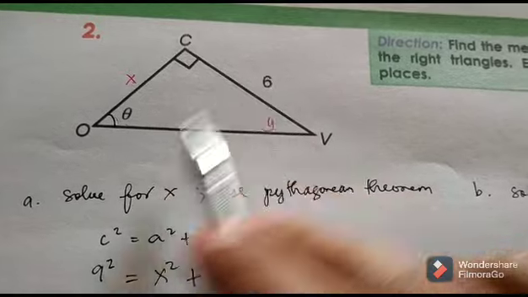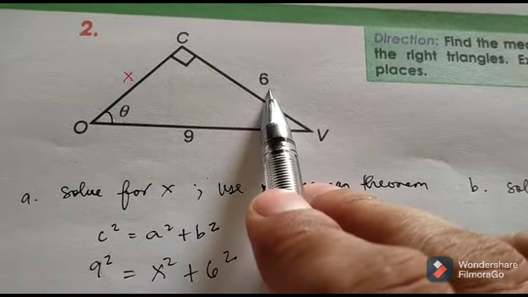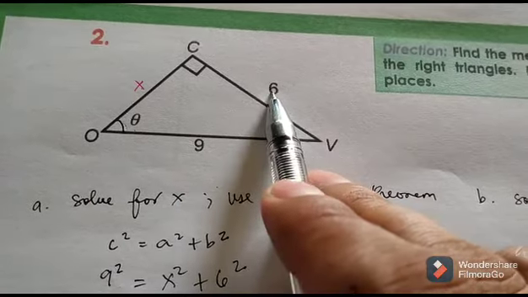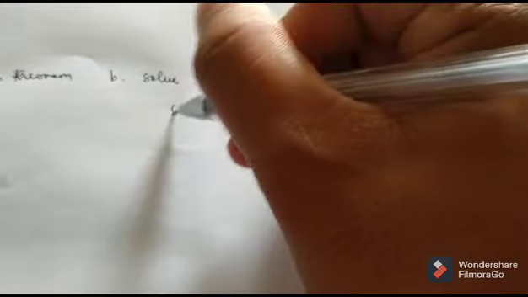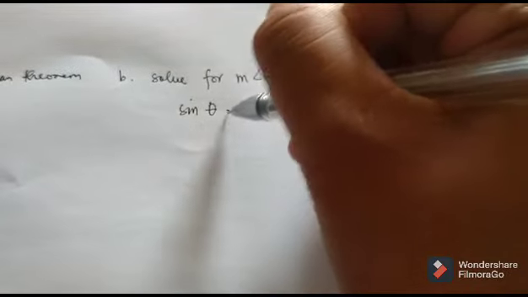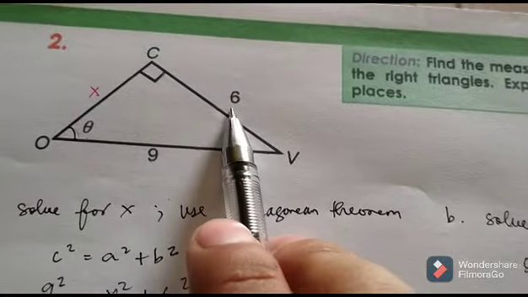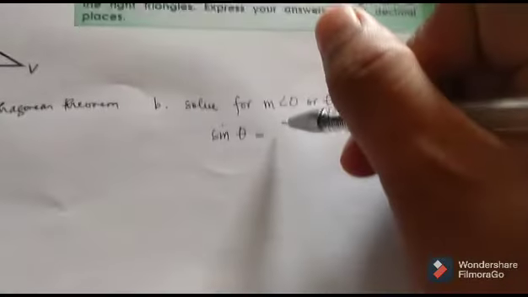Since these are the two which are given, that's why we'll be using sine, opposite over hypotenuse. So sine theta is equal to, what is our opposite here? That is 6.